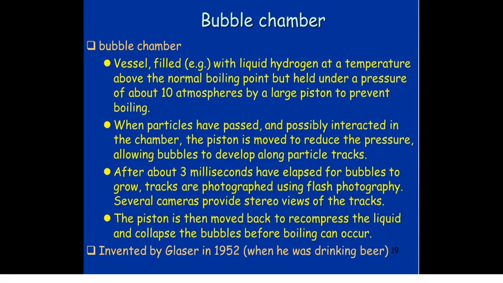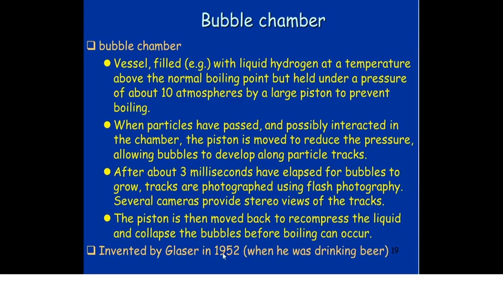When the particles enter, the piston is moved downward to reduce the pressure, allowing bubbles to develop along particle tracks. After about 3 milliseconds have elapsed for bubbles to grow, tracks are photographed using flash photography and several cameras. The piston is then moved back to recompress the liquid and collapse the bubbles before boiling can occur.